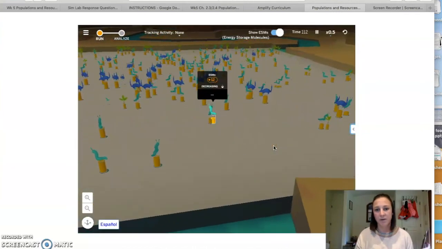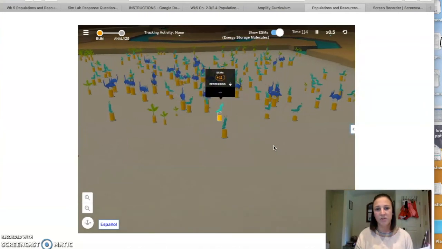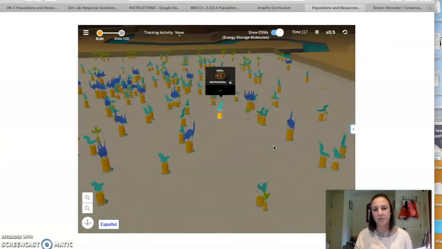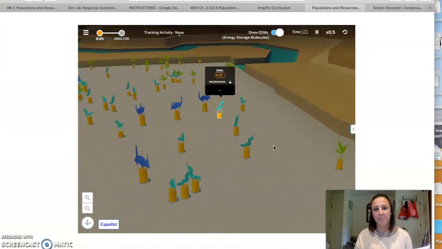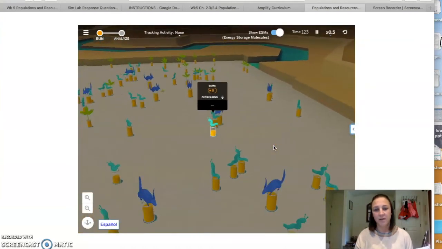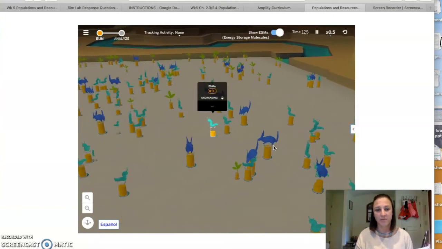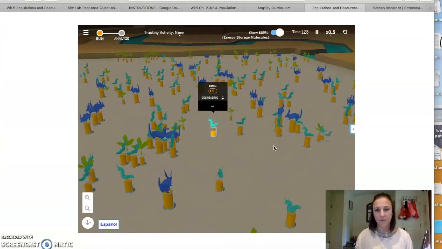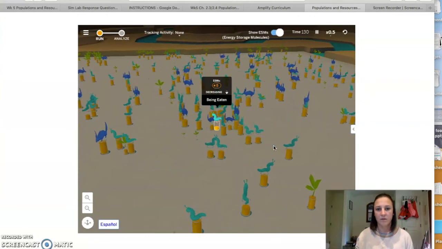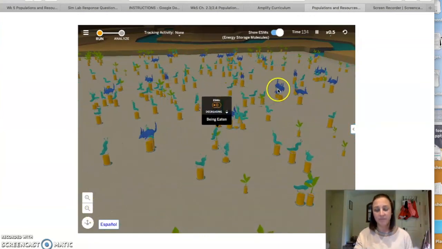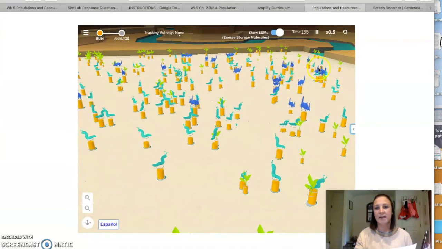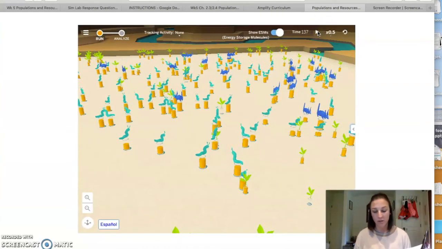I'm gonna guess when it finds food. And as you know with these sims, sometimes we just pick organisms that aren't doing anything in particular, just wandering around. Oh, he's getting eaten. See, I picked the wrong one. So you would have to find out where these WeBugs are getting their energy storage molecules from. My guess is when they're eating green leaves, it's gonna go back up.